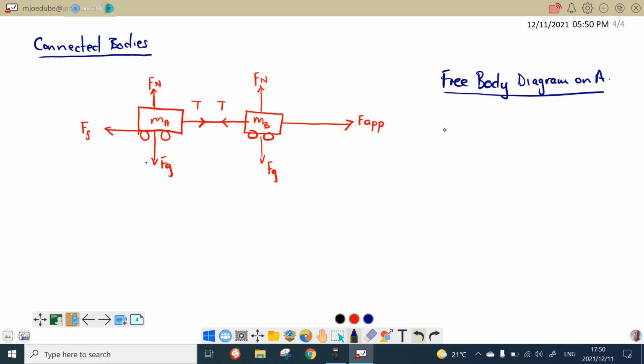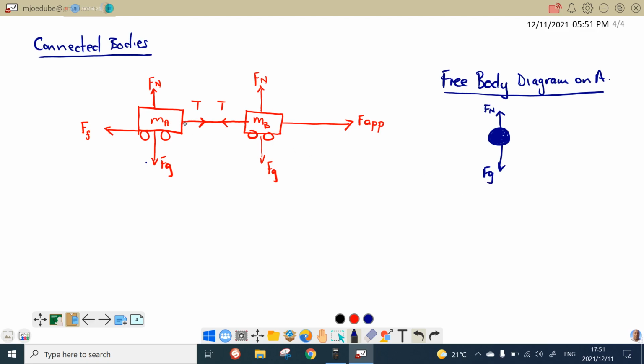So you've got the object A, so this is the diagram of the object A. Then using your ruler again, you show all the forces that are acting. There is the F normal, label it, and that F normal is equal to the FG.